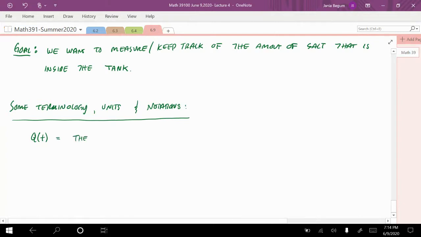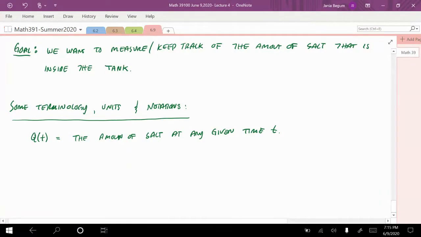So Q will represent the amount of salt at any given time, little t. Okay, so you can see that the little t will represent time.